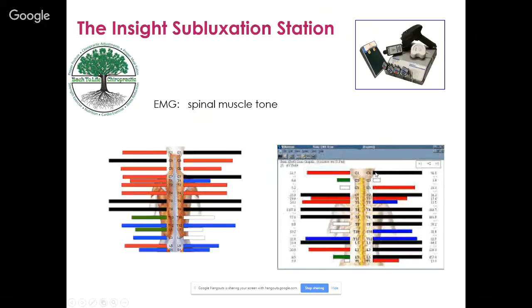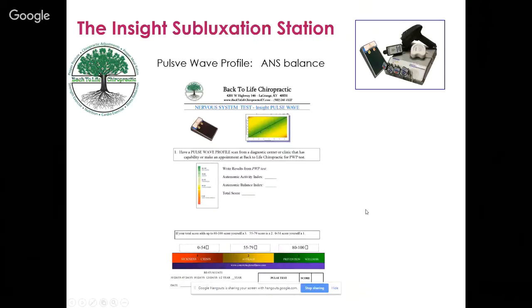And central excitatory states are always caused by somatic reflexes or visceral somatic reflexes or a chemical imbalance. So we can get a picture of that area, C1. We see there's a problem in the upper thoracic and the lower cervical, and mid and down in the lumbar. But that's just another test that is a good way to see how stress is affecting the nervous system through looking at the spinal nerve roots and spinal muscles.